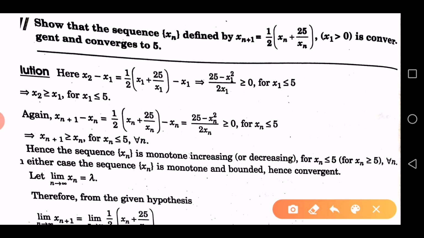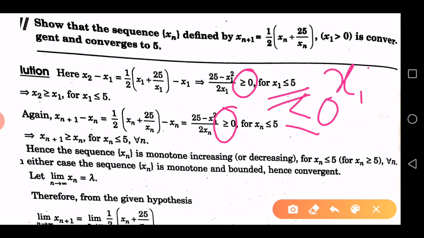So for all n, x_{n+1} greater than or equal to x_n whenever x_n less than or equal to 5. But this greater than or equal to sign will be replaced by the less than or equal to symbol if x_1 greater than or equal to 5, or here x_n greater than or equal to 5.